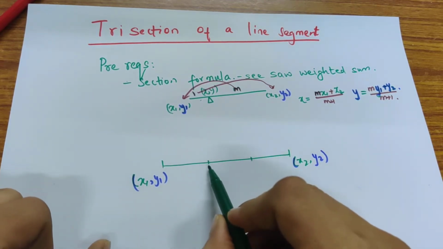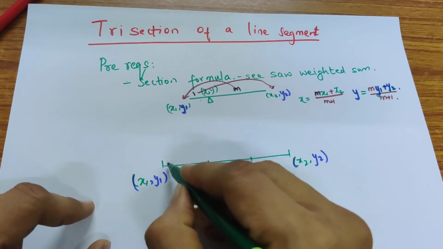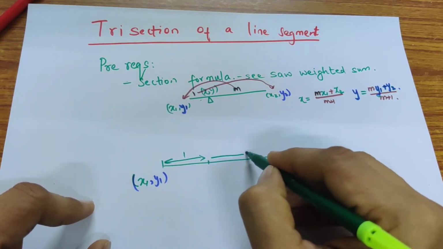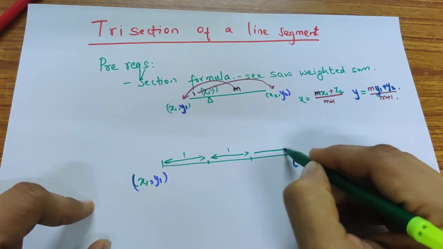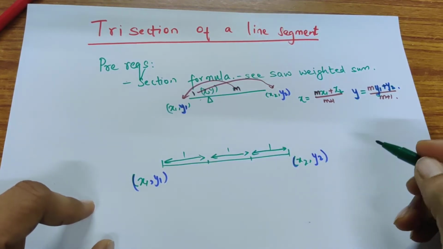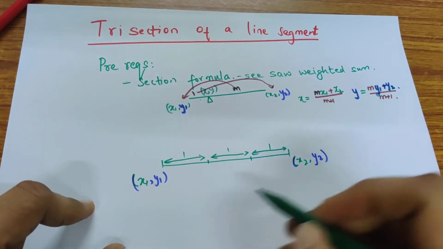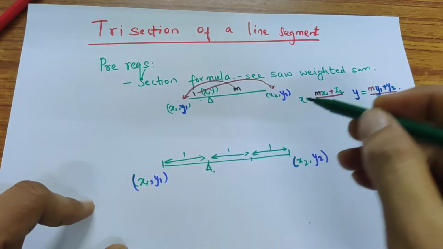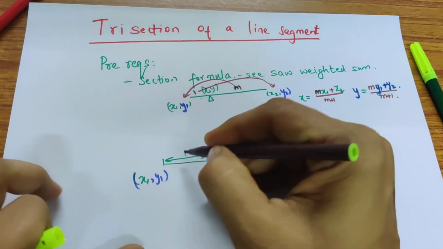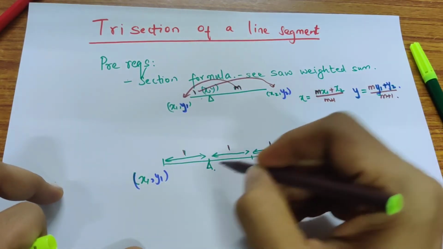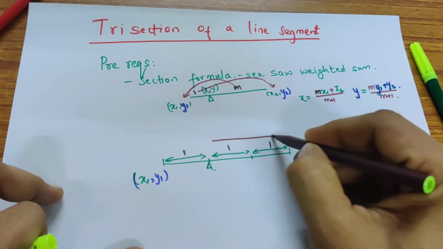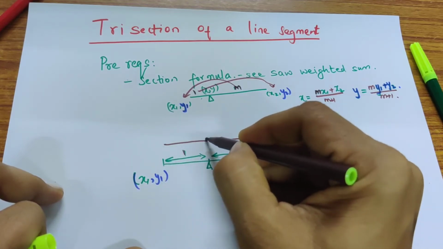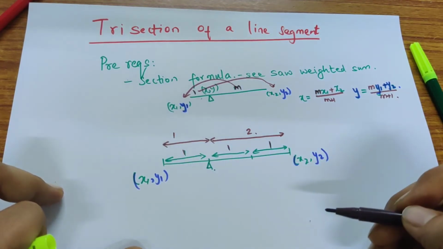So what is this point and what is that point? Now these are 3 equal parts, so all 3 are the same length. I'm just going to say that as a unit length. So I'm going to say they're all in the ratio of 1:1:1, which means that if I want this point, this is 2 and this is 1.